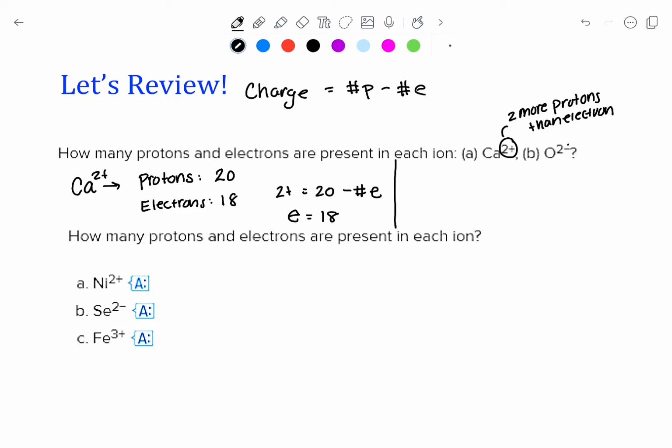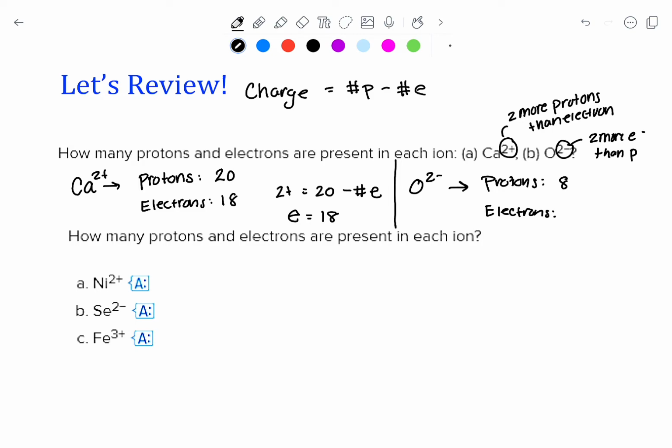Our next example is oxygen 2-, which means we have 2 more electrons than protons. So oxygen 2-, let's find it on our periodic tables so we can find our number of protons. Oxygen is element number 8, so it has 8 protons.